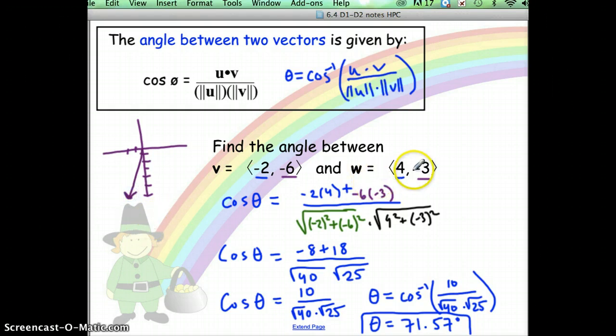The other vector, 4, -3, would be to the right 4, down 3, so right about here. So what we just found was the angle between those two vectors. This angle between the two vectors is 71.57 degrees.